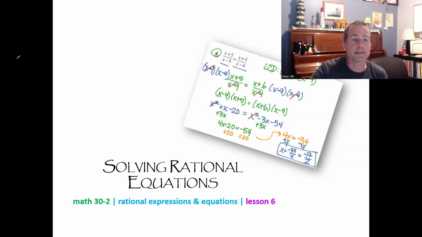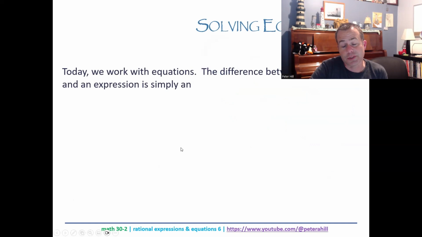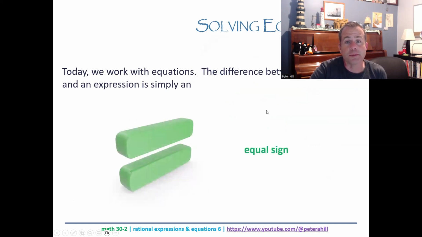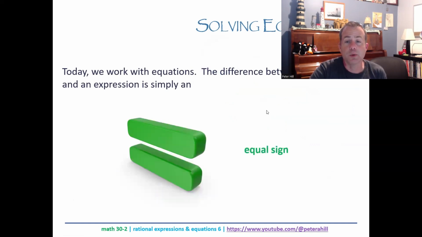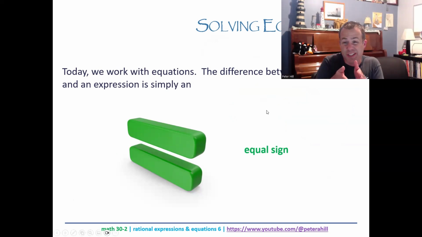Now, what makes an expression turn into an equation? The answer to that question is an equal sign. The only difference between an expression and an equation is that an equation has an equal sign. So in some sense, the left and the right side are expressions, and then there's an equal sign in between.